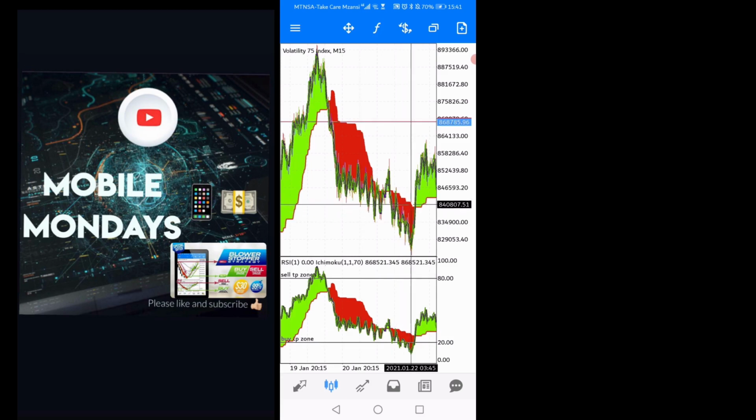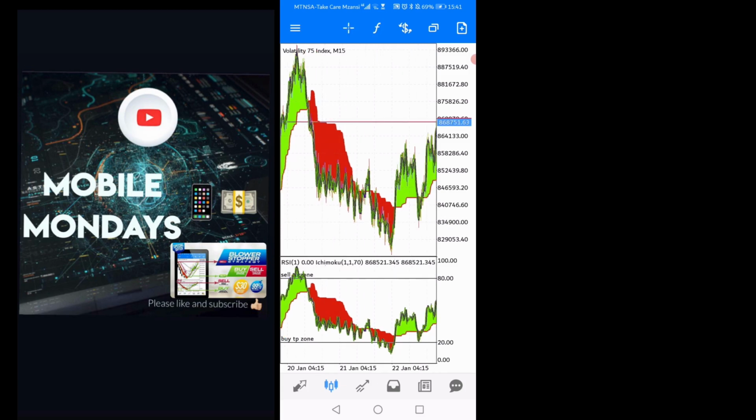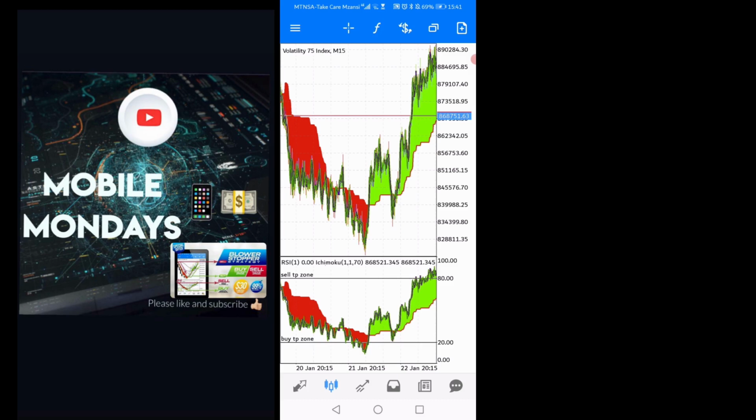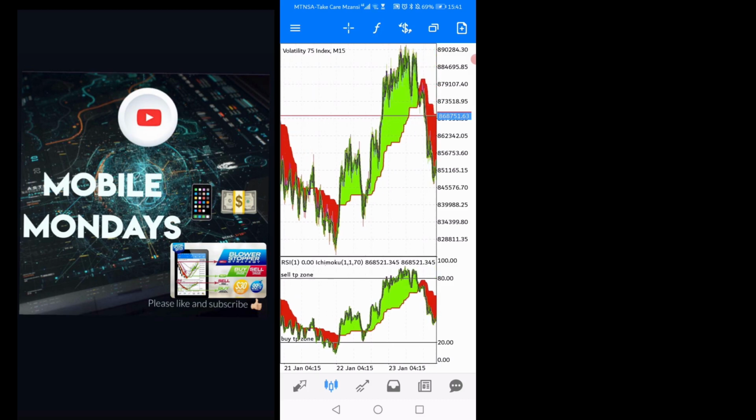So we would have taken our first entry around about this point, because that's where the first green showed on our chart, and eventually on our relative strength index, you can see over here it became a green zone, so we know we're taking a trade. So first trade was entered, and now we know we have to be very patient because volatility can take some time, or it can hit take profit immediately.